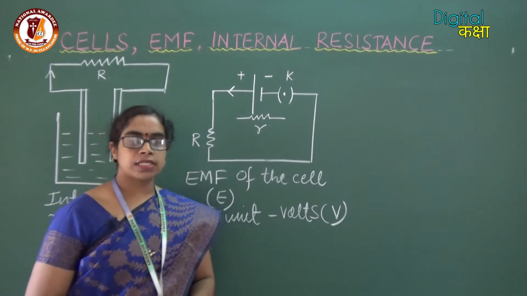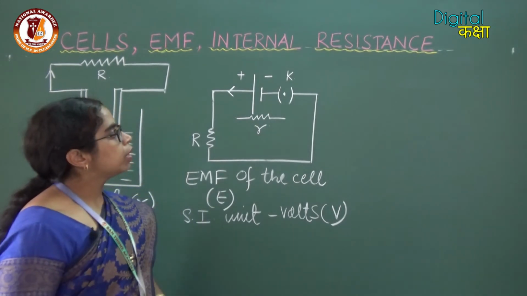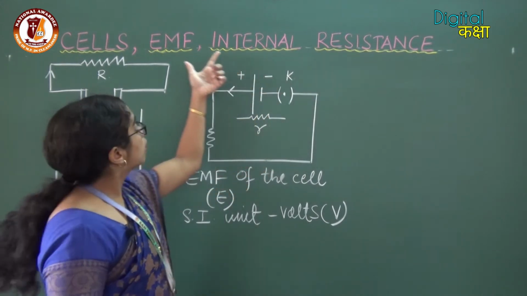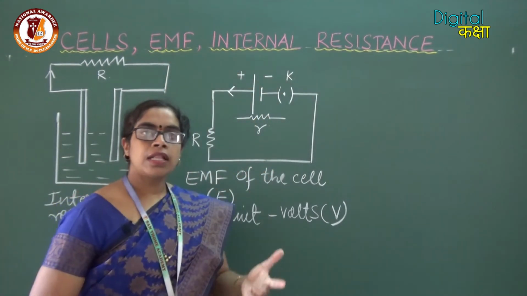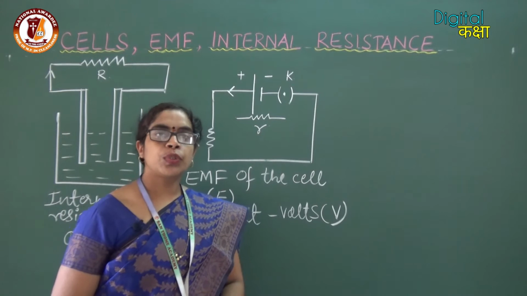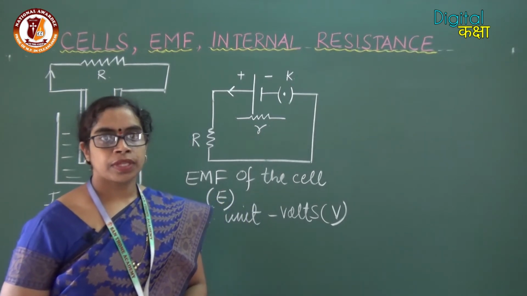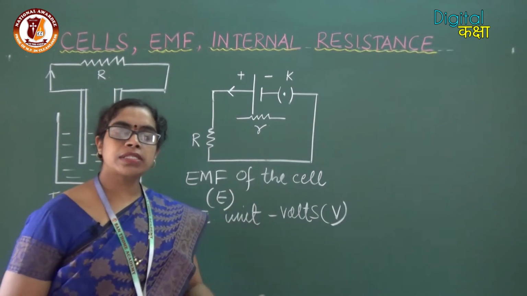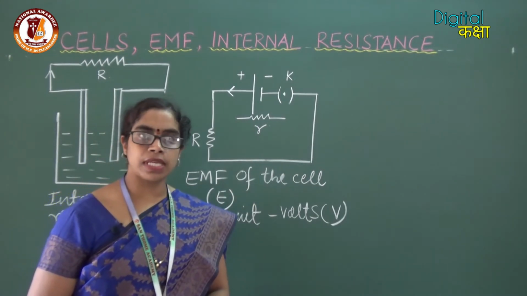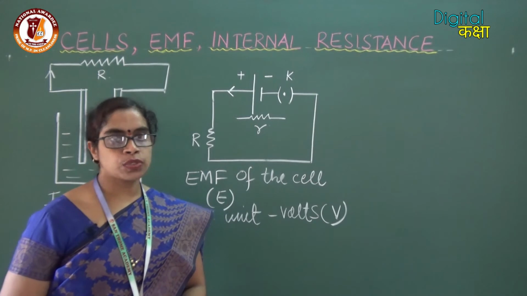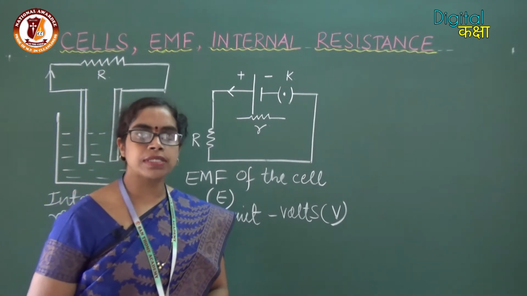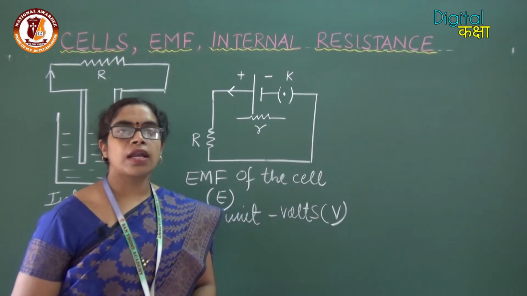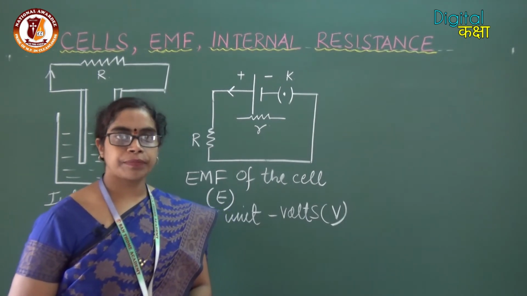Now we have to find the relationship between the internal resistance, the EMF and the current flowing through the cell. The EMF is defined as the maximum potential difference of the cell, and that term exists in the open circuit. So how are all these quantities related to each other?